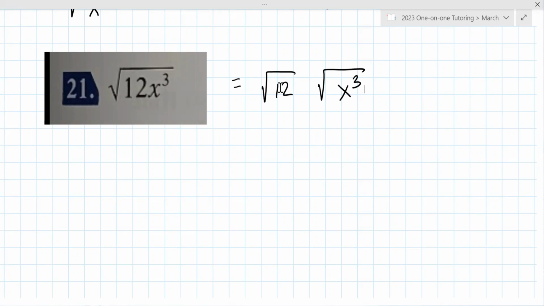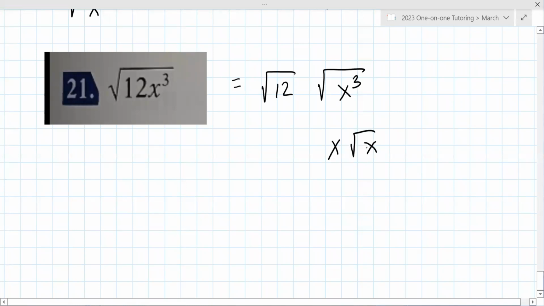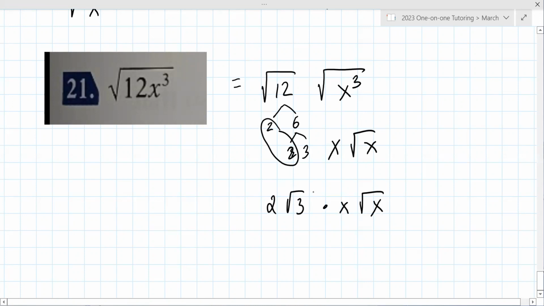So the answer for x cubed would be x square root of x. Good. And then the 12, we'll just break this apart here. 2 and 6, 2 and 3, pair of twos, it becomes 2 square root of 3 times x square root of x. Okay. Is that clear how we kind of did each part of these?